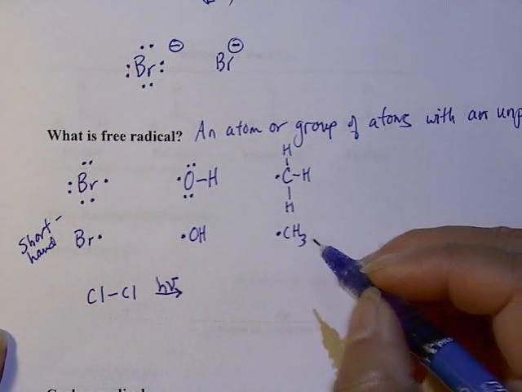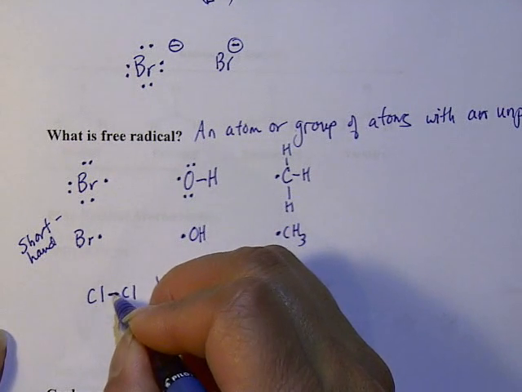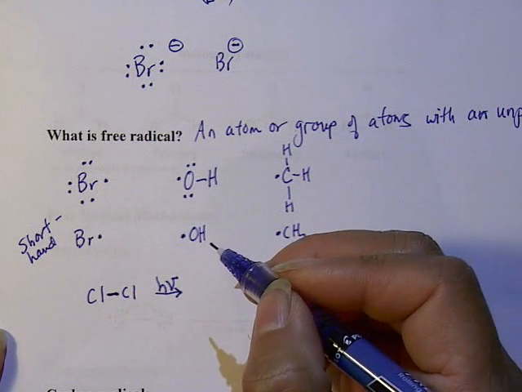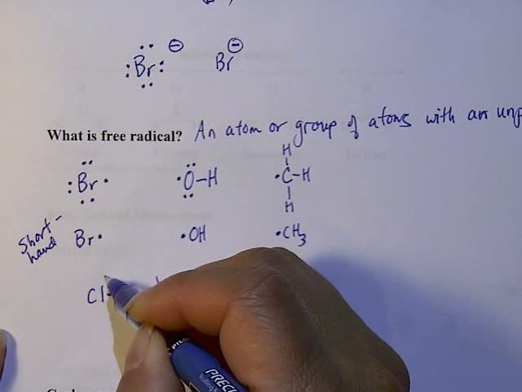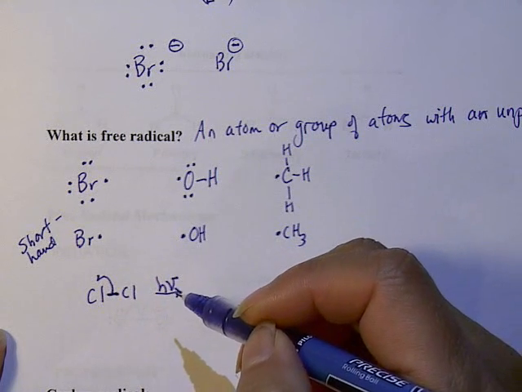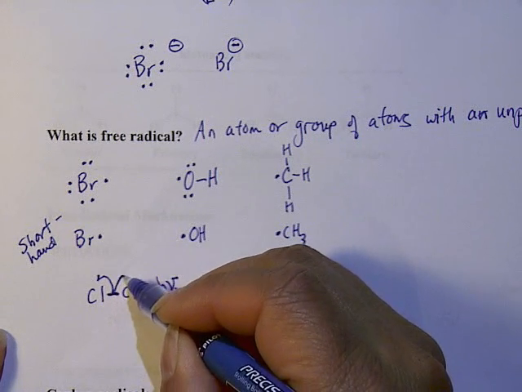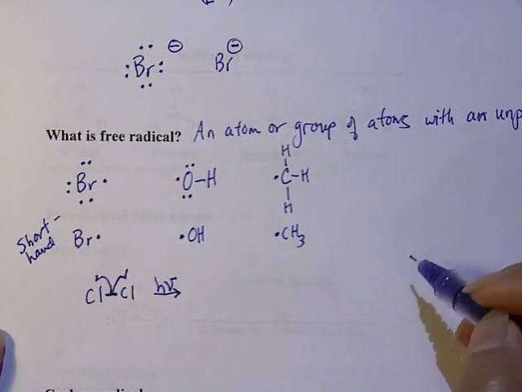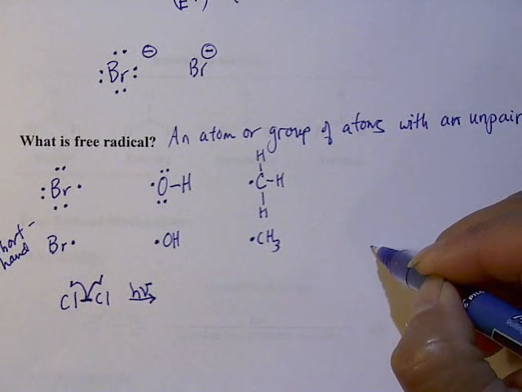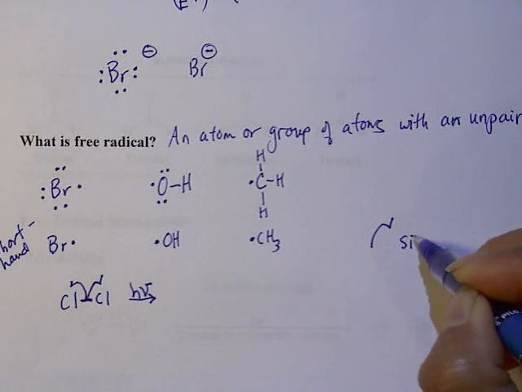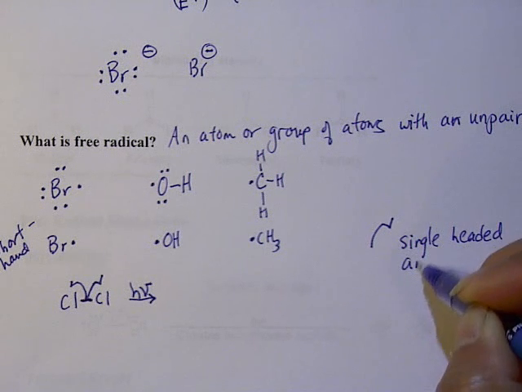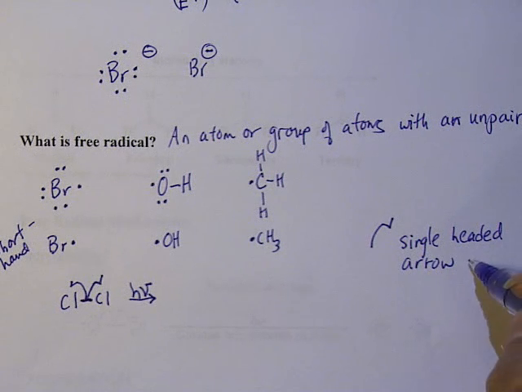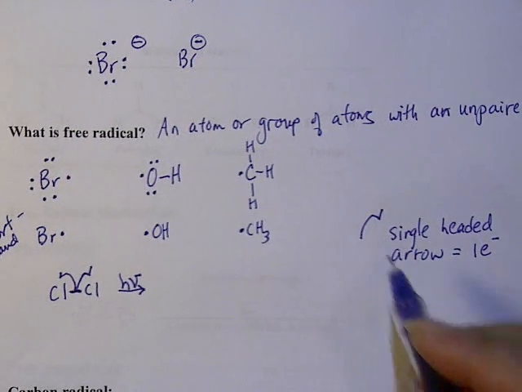When this 2-electron bond comes apart, each of the chlorine atoms gets 1 electron, and that's indicated by this single-headed arrow. So let me just write down the single-headed arrow. That indicates 1 electron, so that's a movement of 1 electron.